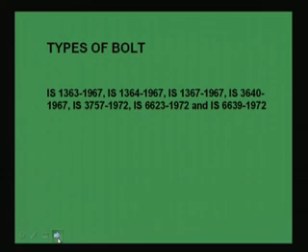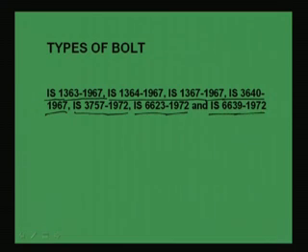Now, types of bolt. We will now see what types of bolts we use in connections. The details of the types of bolts are given in codes, like IS 1363 1967, IS 1364 1967, IS 1367 1967, IS 3640 1967, IS 3757 1972, IS 6623 1972, and IS 6639 1972.